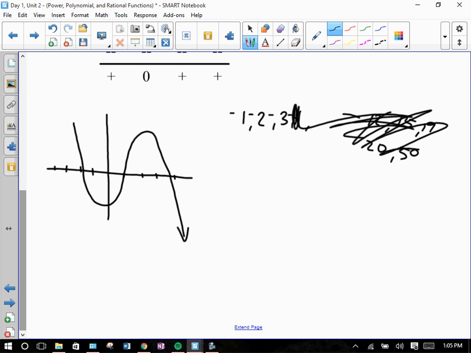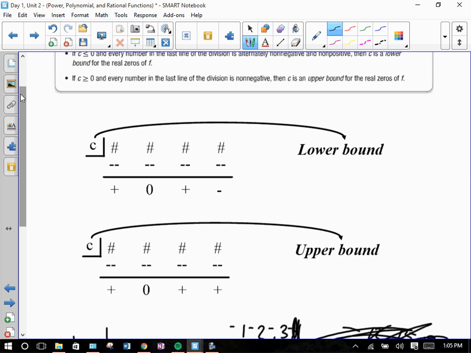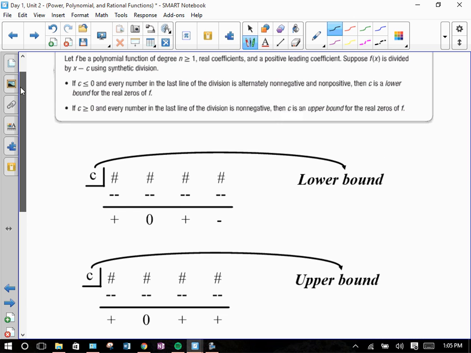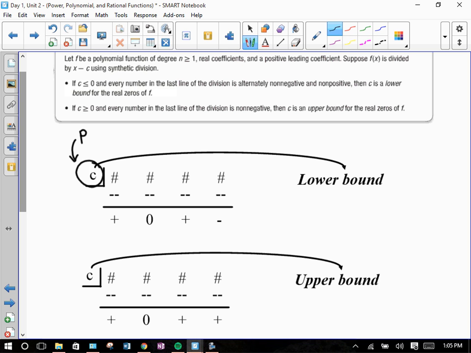So how do you figure that out? Well, C is that number. So C, in this case, is our possible zero. Same thing down here, this C is our possible zero.